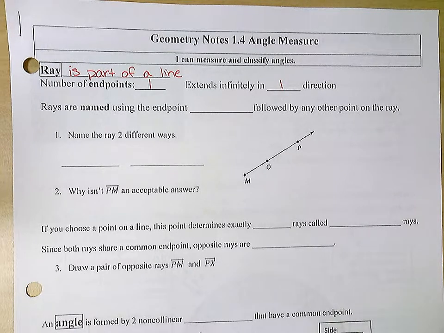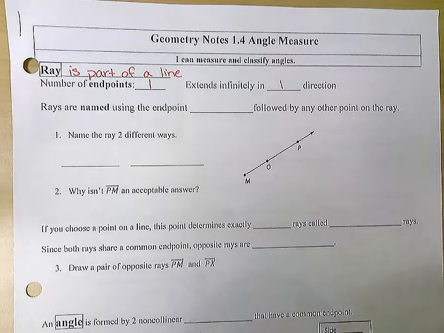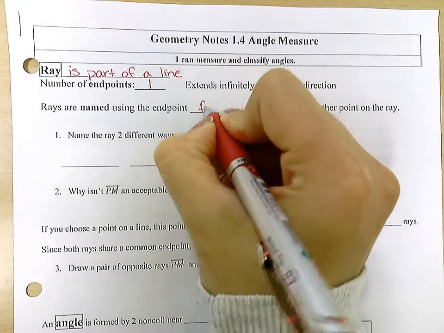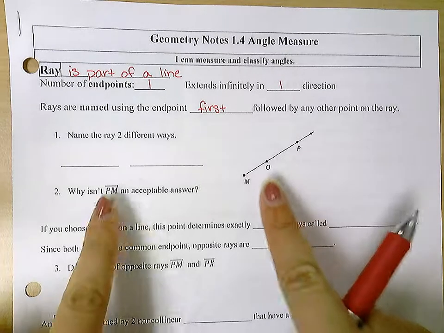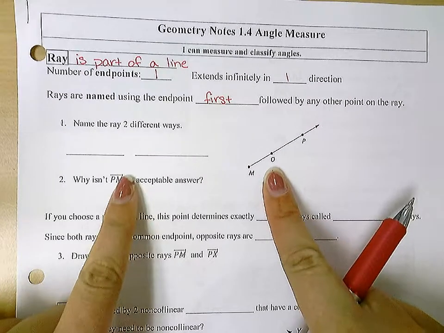So rays are named using the endpoint first, followed by any other point on that ray. You always need to start with the endpoint when naming a ray. So we're going to name a ray right here.